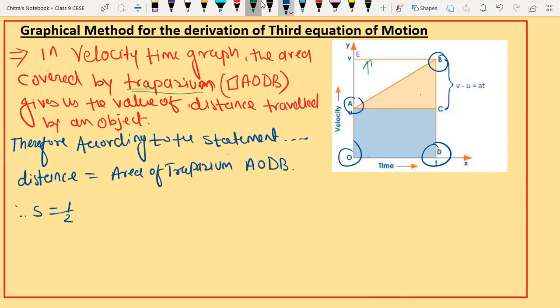These are the parallel sides, beta. So the area is half of the sum of parallel sides, which is AO plus BD, into the distance between the parallel sides. What is the distance between the parallel sides? It is OC. Is it?